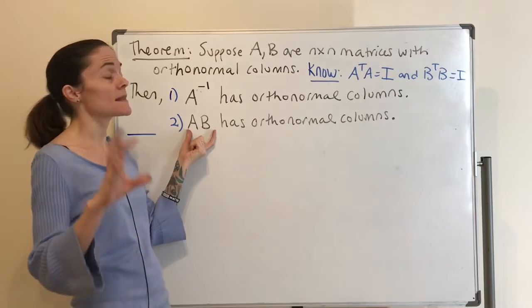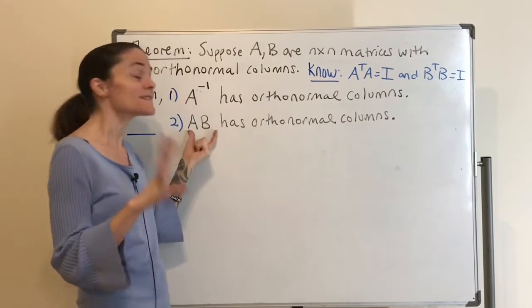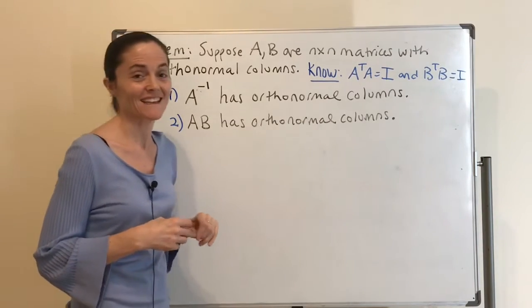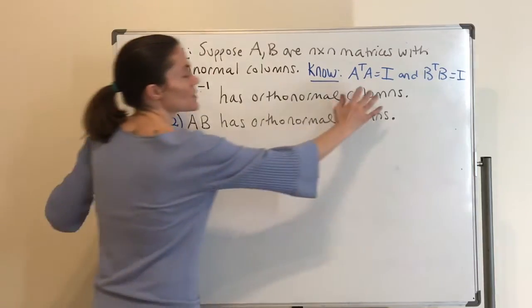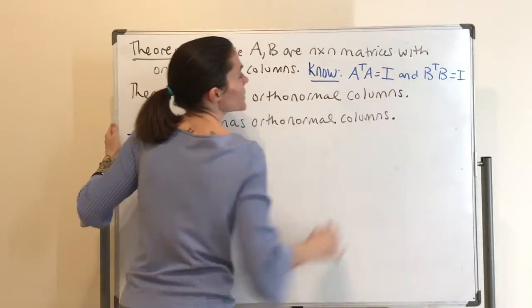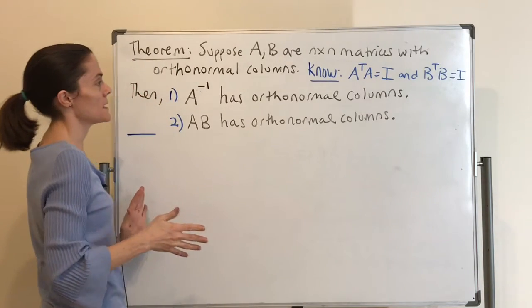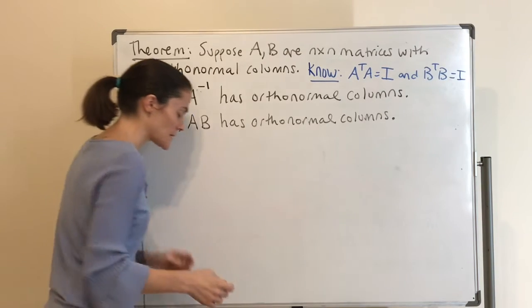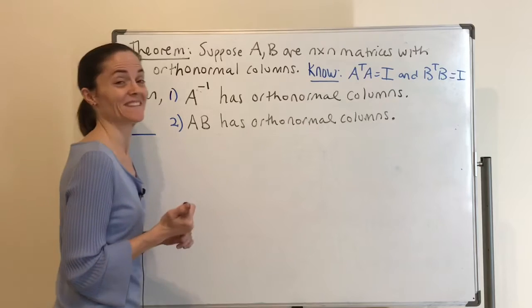And two, the columns of A times B are orthonormal. This is also n by n square, so we would have that they're also an orthonormal basis for Rn, for example. But what I'm really going to use is this characterization of being a square matrix with orthonormal columns. So maybe I will prove 2, because I think it's a lot more enlightening, although maybe I'll prove 1 also. We will have to see.